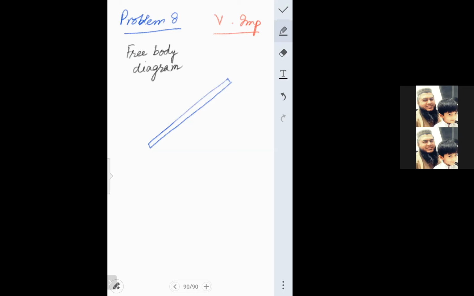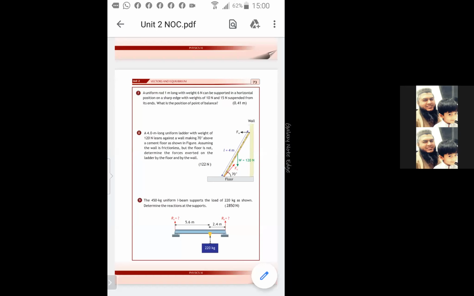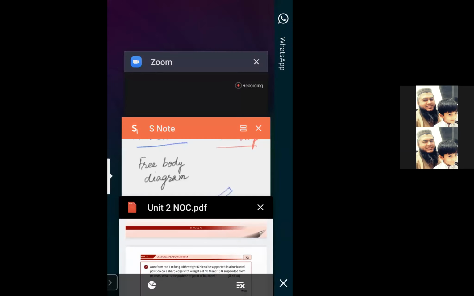For example, the ladder rests against the wall, and the wall is applying a reaction force Fw on the ladder. Similarly, it rests against a cemented floor, and as shown in the figure, Fg is the reaction of ground on the ladder, and W is the weight of the ladder, which is given.